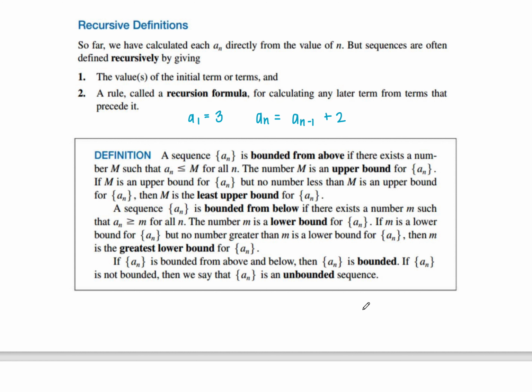And similarly, if there is a number that is lower than all of the sequence values, we say that is a lower bound, and the largest of the lower bounds is called the greatest lower bound. If a sequence is bounded both from above and below, if it's got an upper and a lower bound, we say that it is a bounded sequence.